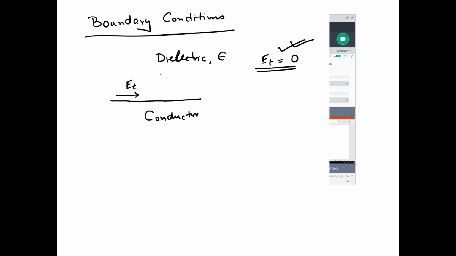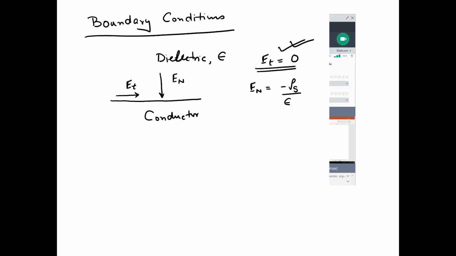And the other condition is that if I have E normal, the normal component of the electric field hitting the conductor, then E normal would induce a surface charge, which would be given by E normal is equal to minus rho s by epsilon. This comes directly out of Gauss's law, and you must have done this in your previous course.